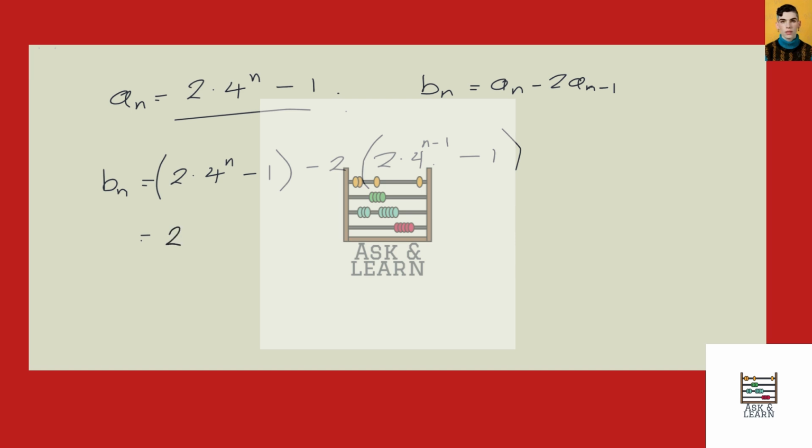So this is 2 times 4 to the n minus 1 minus 4 times 4 to the n minus 1, plus 2. So this is going to be 2 times 4 to the n minus 4 to the n minus 1 plus 2, which is just 4 to the n plus 1. And a sub n is this.